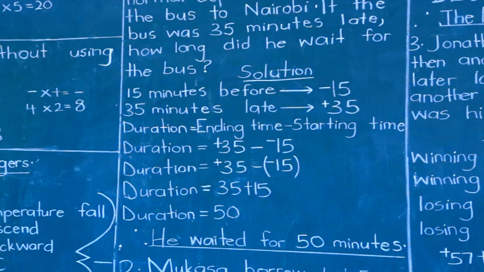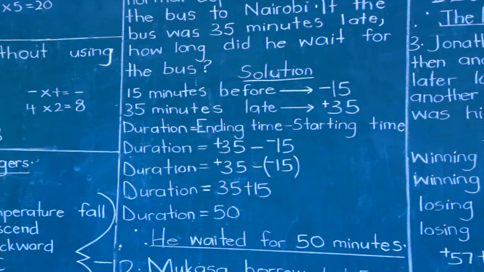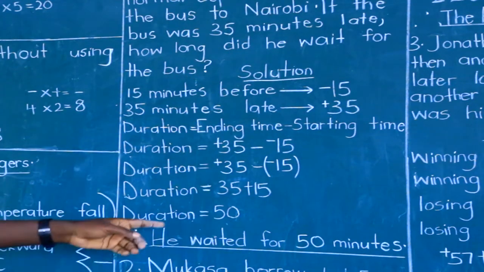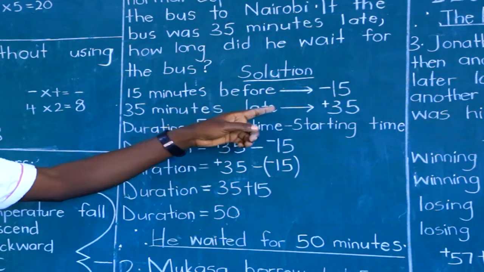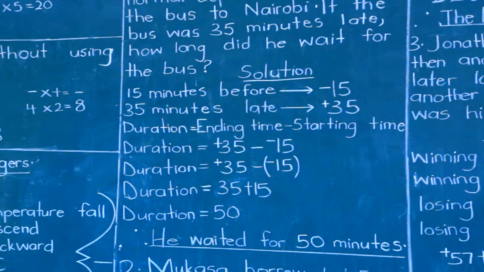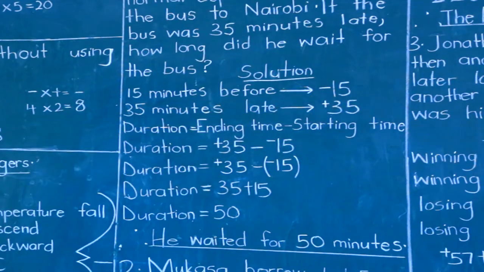But in short, you must note the words before and late. The fact being that Tom arrived 15 minutes before the departure time, that 15 minutes before means negative 15, and the bus did not come on time. It arrived 35 minutes late, so 35 minutes late means a positive 35.